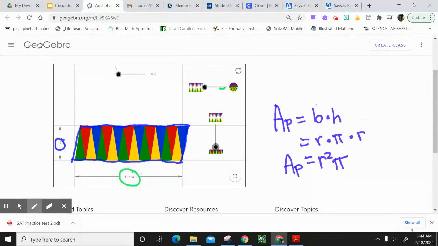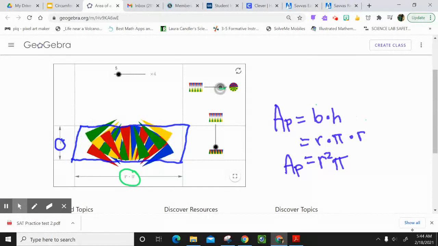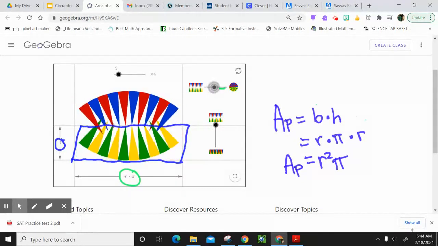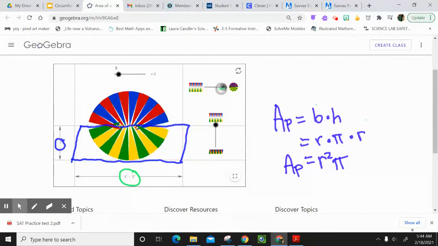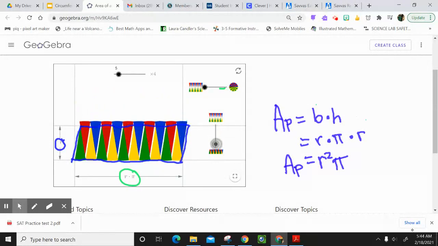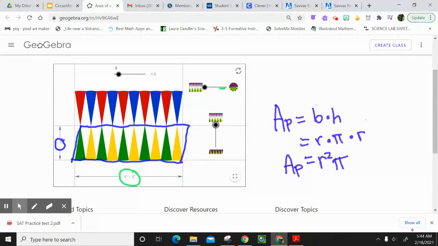What if I turn it back into a circle? I'm trying to derive a formula for area of a circle. I separate it and turn it back into a circle. The total area has not changed whatsoever.